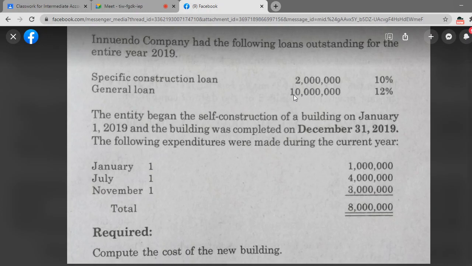The rest of the 8.5, siguro ginamit niya for payment of salaries or ginamit niya para bumili ng lupa, etc. Basta it is general purpose. Okay? All-around purpose. So, unlike dito sa 2 million, inutang mo siya, specifically, imo gid siyang gamiton for the construction of the building. Itong general loan naman, kahit saan, including the building.